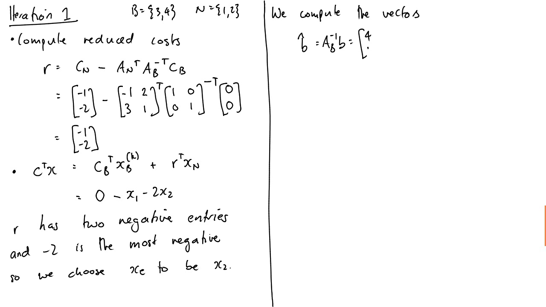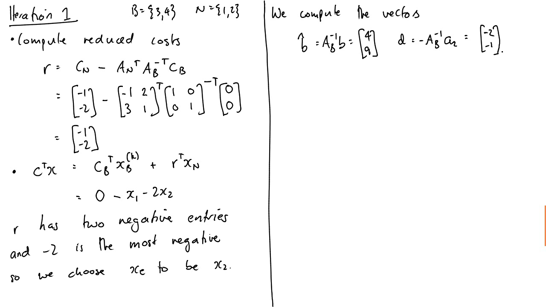We've already done that in fact. And d equals negative A_B inverse A_e. So for our example, the entering variable is 2, so our entering column is going to be a2. A_B inverse is the identity, negative that is negative the identity, so it's going to be negative a2. So it will be -2, -1.